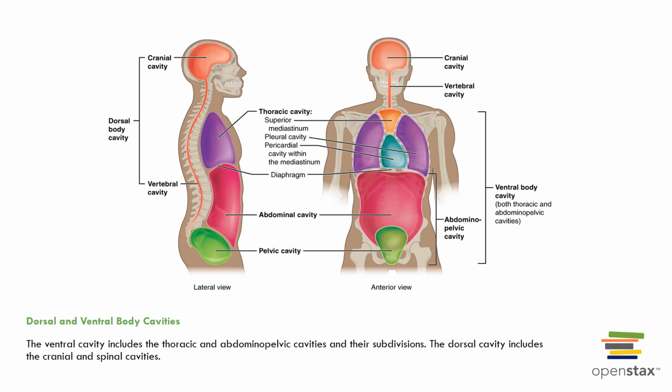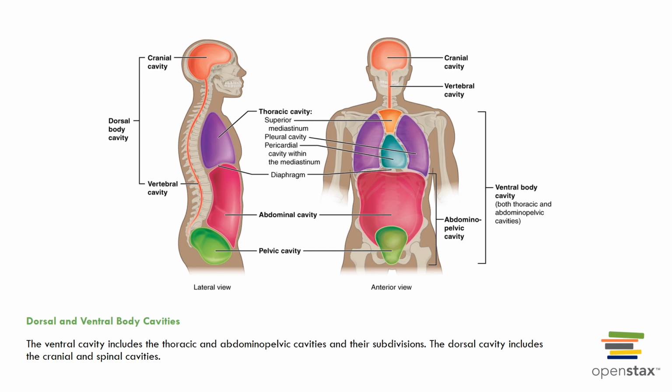The dorsal and ventral body cavities are shown here again. The ventral body cavity, however, includes membranes. Ventral body cavities are lined with serous membranes. All serous membranes are double layered.